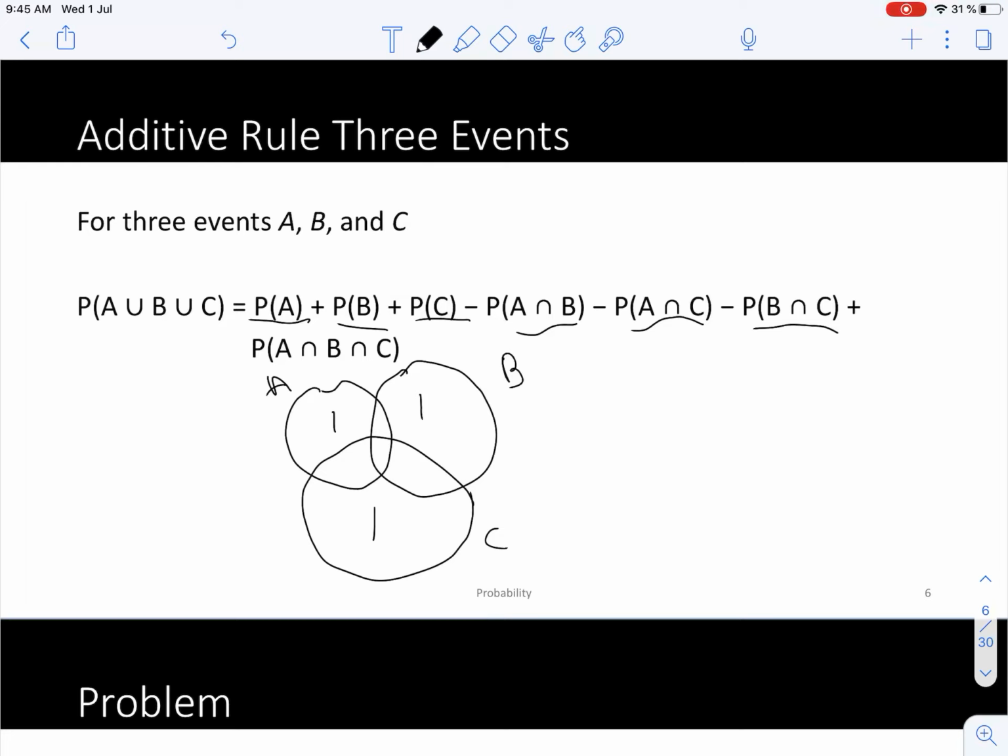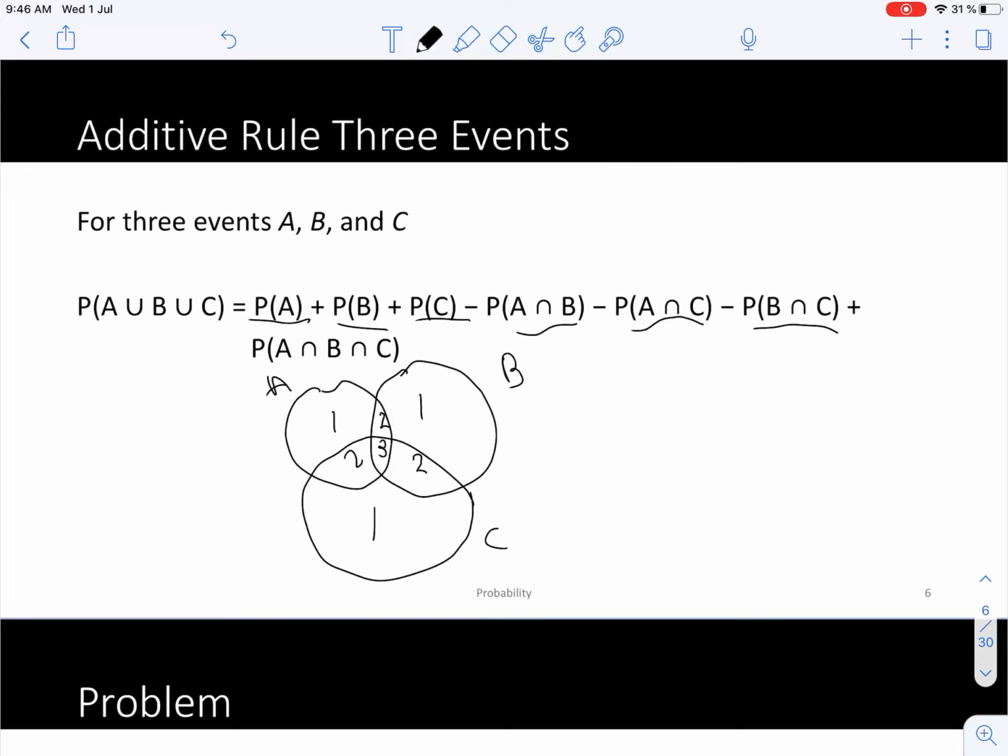The intersection between A and B has been added twice, because it belongs to A and belongs to B. But be careful, because in the triple intersection, we have A, B, and C, so this one is being added 3 times. In the intersection between A and C, one part is 2, but the other one is 3, the triple intersection. And between B and C, this section is 2 times, but the triple intersection again is 3.